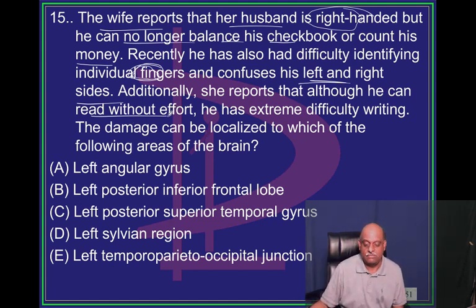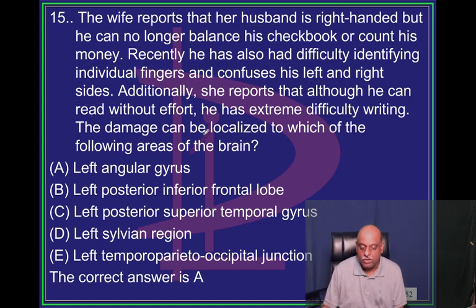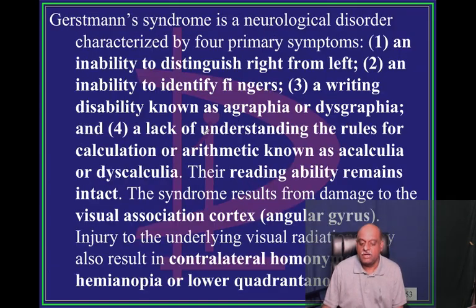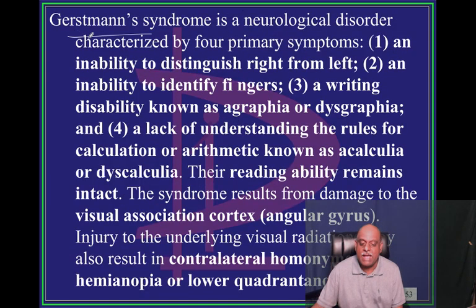Reading is okay, but writing is difficult. So where is the damage in the brain is a very important question. It is typically Gerstmann syndrome, which is seen in a dominant hemispheric angular gyrus lesion.